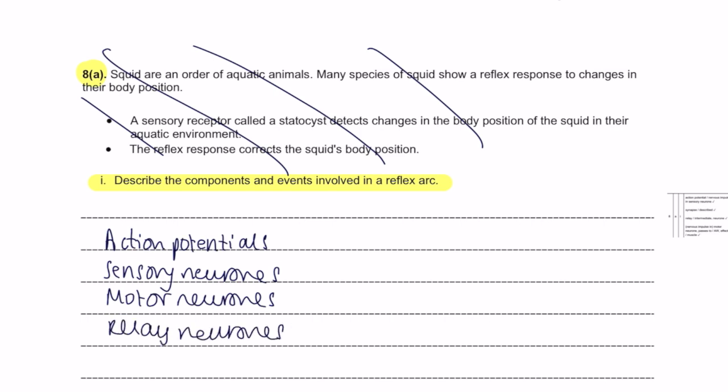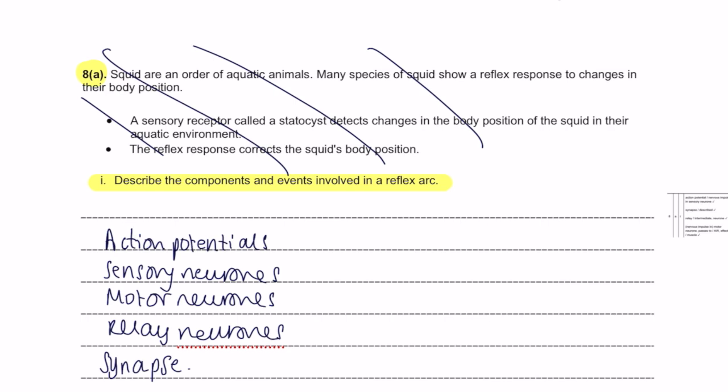Well, what else is in a reflex arc? Let me think. The main thing I missed, synapse, right? So how is it going to occur? So synapse. Is there anything else I can think of?